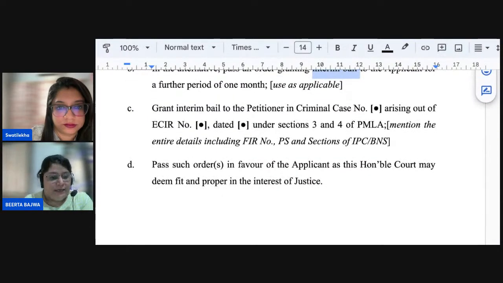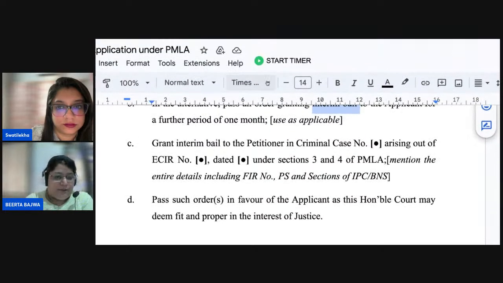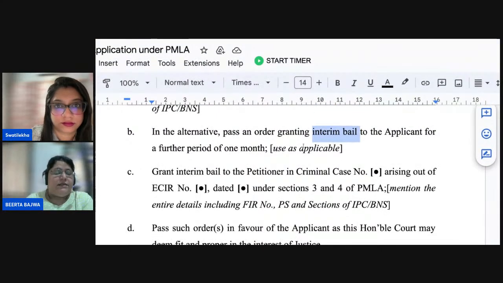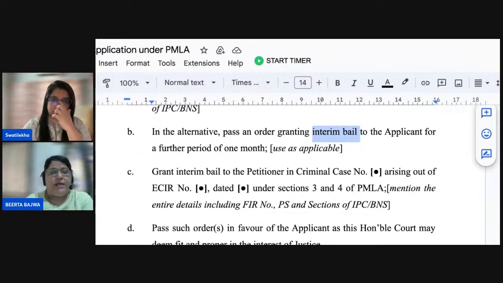Now, what do you mean by interim bail? Interim bail basically means temporary bail in a regular bail application. It means temporary bail to an accused, and there are various factors for which they can be granted temporary interim bail.